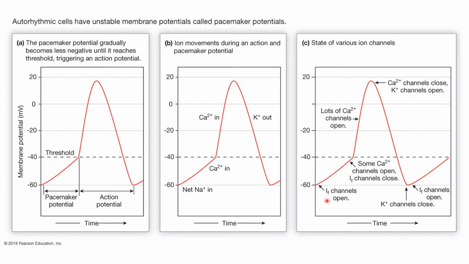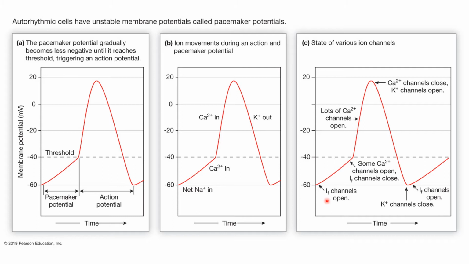What are those funny channels going to do? Well, those funny channels are going to allow sodium influx and potassium efflux. Influx meaning the sodium ions are going to be entering the cell. Potassium efflux meaning that potassium is going to leave the cell.